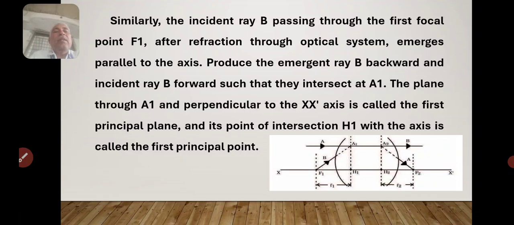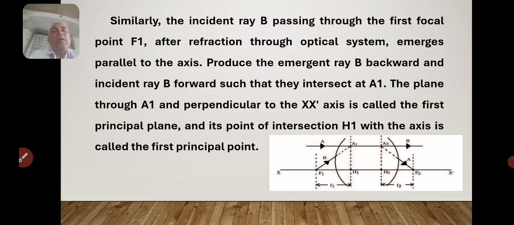Similarly, the incident ray B passing through the first focal point F1, after refraction through the optical system, emerges parallel to the axis. Produce the emergent ray B backward and the incident ray B forward such that they intersect at A1.